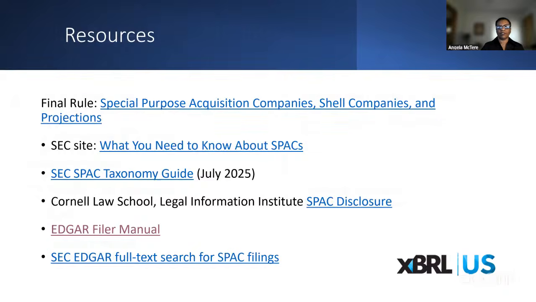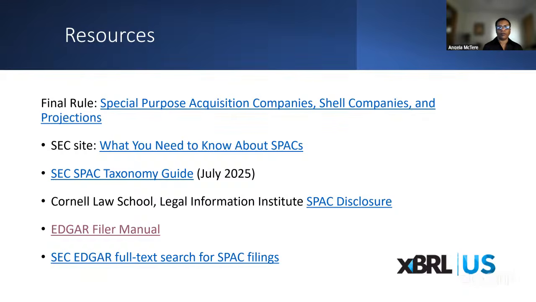And then we have a list of resources. So the final rules, the SEC site, there is a lot of information, what you need to know about SPACs, the SEC SPAC taxonomy guide, the Cornell Law School Legal Information Institute, the SPAC disclosure, a lot of good information in that article. And then your EDGAR filer manual.